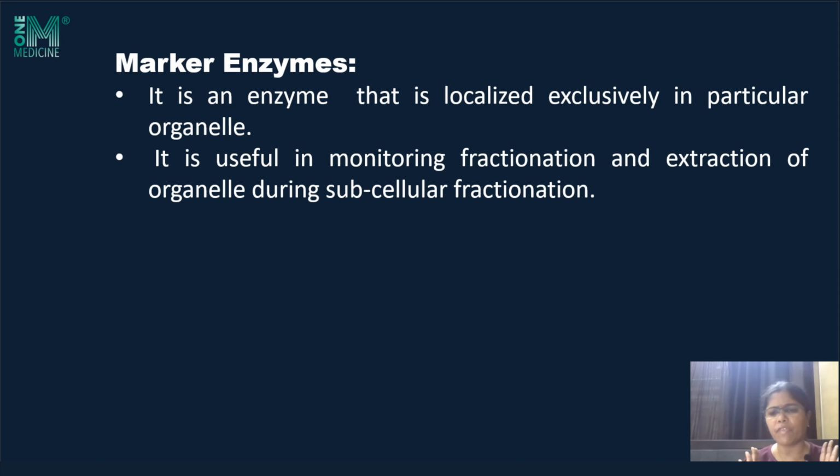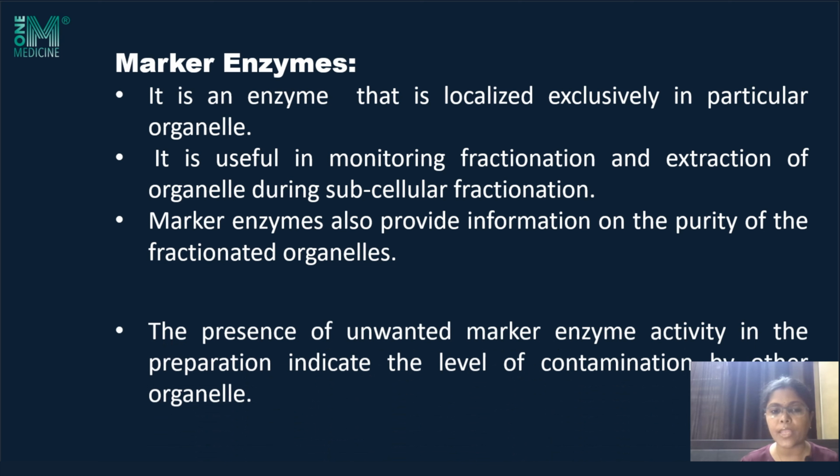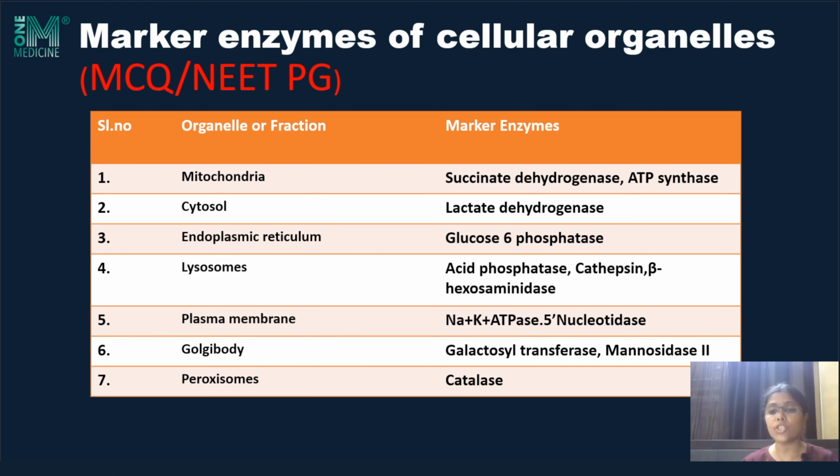If I say I have done a very nice fractionation, how pure my organelles are will be identified by this marker enzyme. Marker enzymes also provide information on the purity of the fractionated organelle, and the presence of unwanted marker enzyme activity will give you an idea that that particular organelle is contaminated.